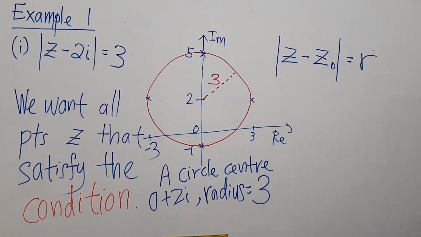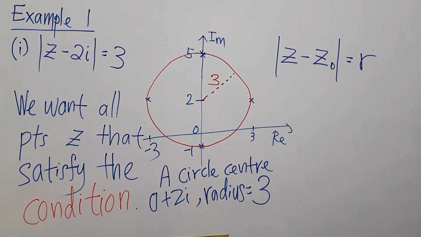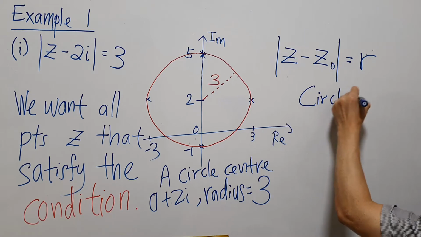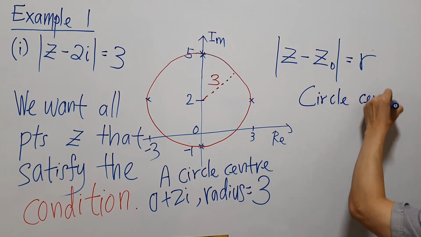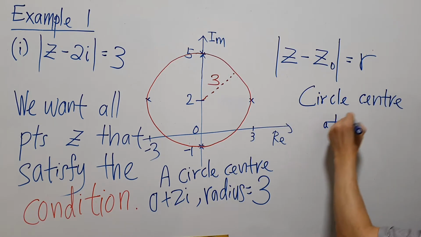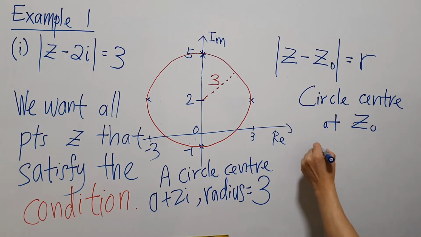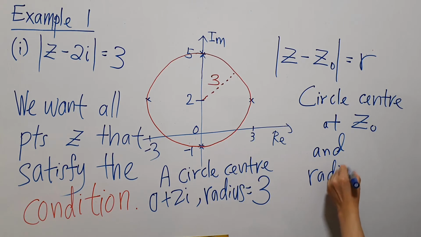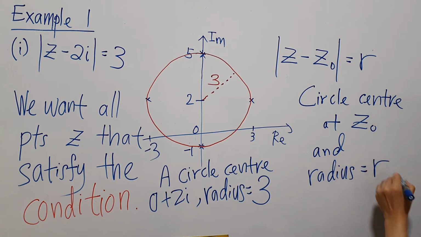If I have an equation that looks like this, such an equation in general will always represent a circle, center at z0, and having a radius equal to R. And that is example 1, part 1.